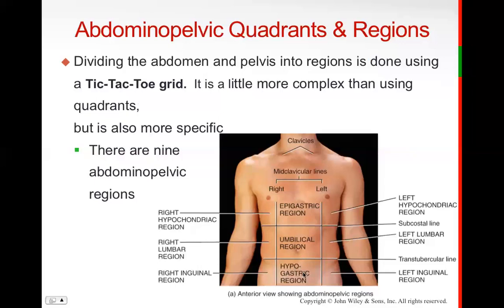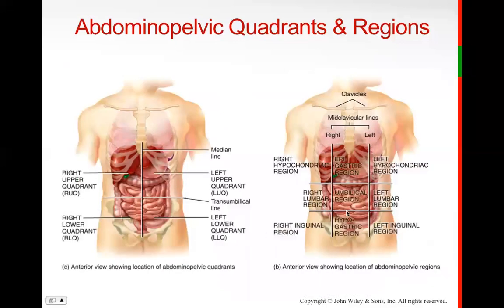Then the hypo, or below stomach, gastric region. Then we have the right inguinal, or the right groin region, and the left inguinal region. All right. And if you compare these, you can sort of start to see where you can localize different organs and different injuries a little bit better, depending on which quadrant or region that you're using, right?